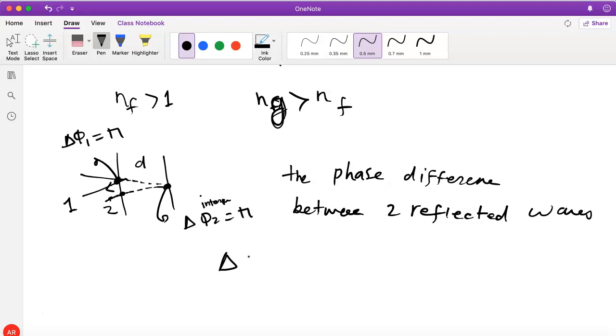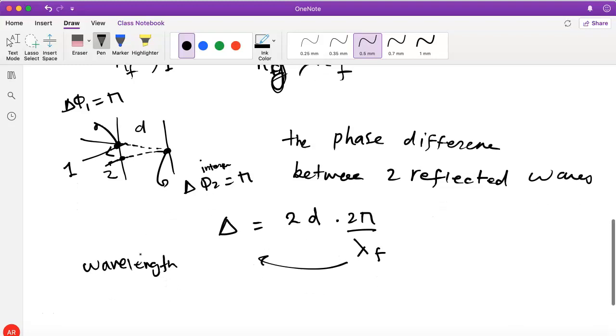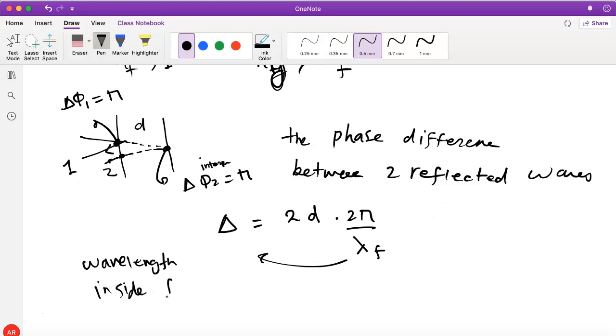So the total phase difference for this we get 2d times 2 pi over lambda f, the wavelength inside the film, plus pi, and here we have to subtract the pi phase shift for the other one.